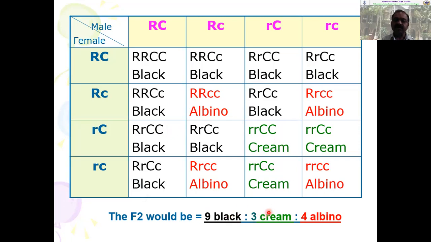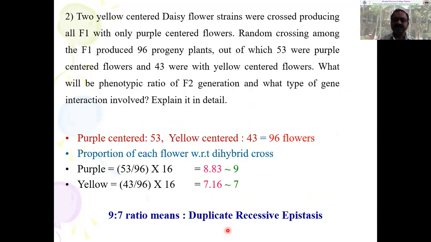For production of the cream color, one should have small rr with capital C, and 3 combinations are there. And lastly, there were 4 albinos, which are the result of small cc, which does not allow production of any pigment. In this way, we have discussed the first example, recessive epistasis.